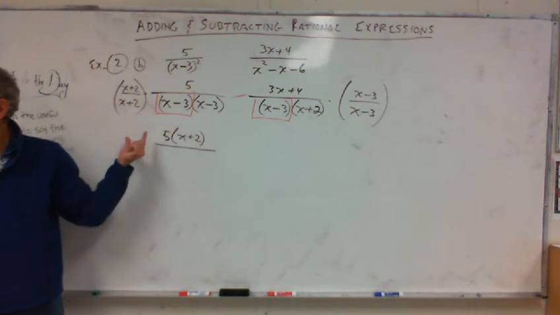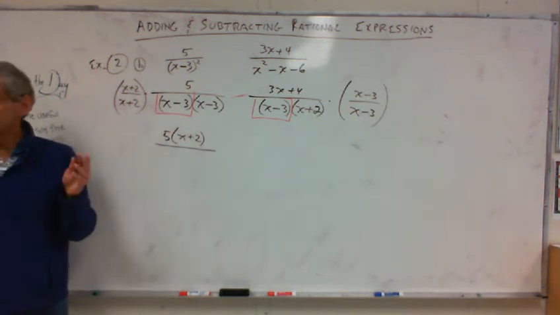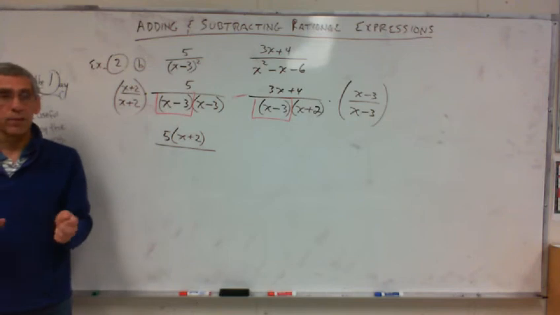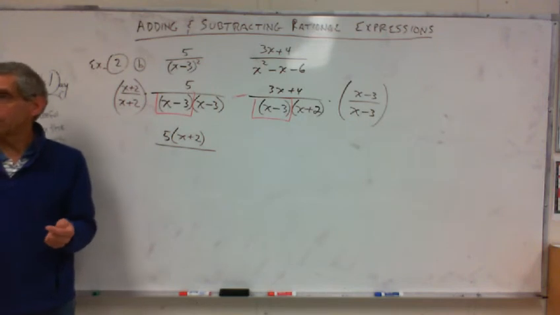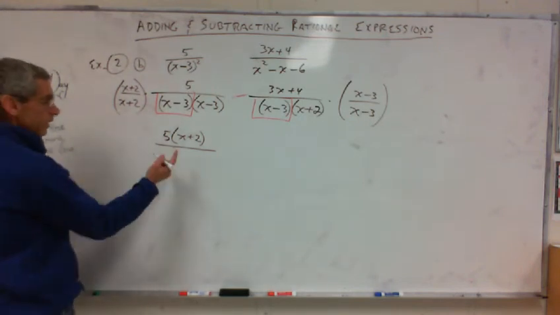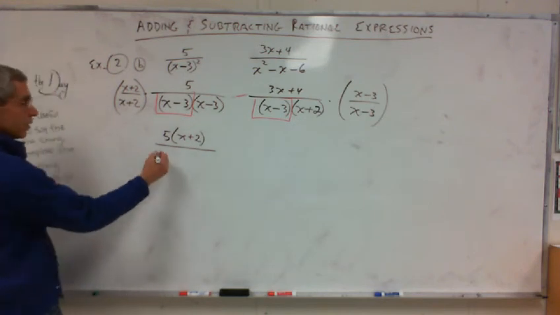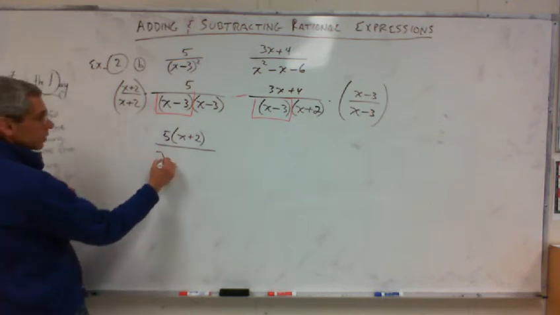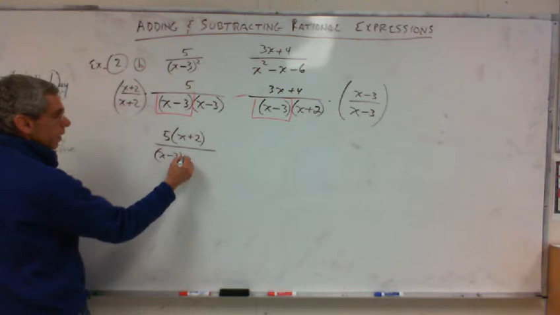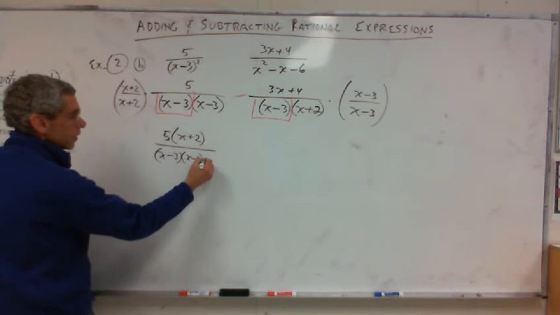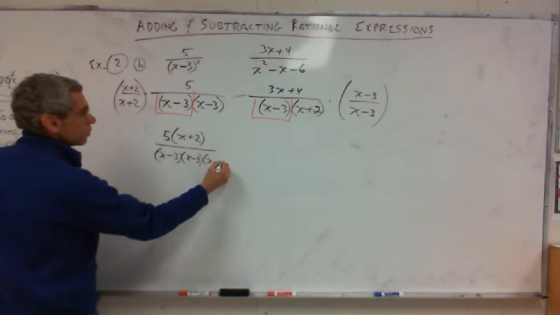I'm going to just keep them in factored form. That's key. Do not multiply them out. You are wasting your time if you do that. Keep them. That's why it's so easy. You never have to multiply this stuff in the denominator. So it's just going to be x minus 3 times x minus 3 times x plus 2.